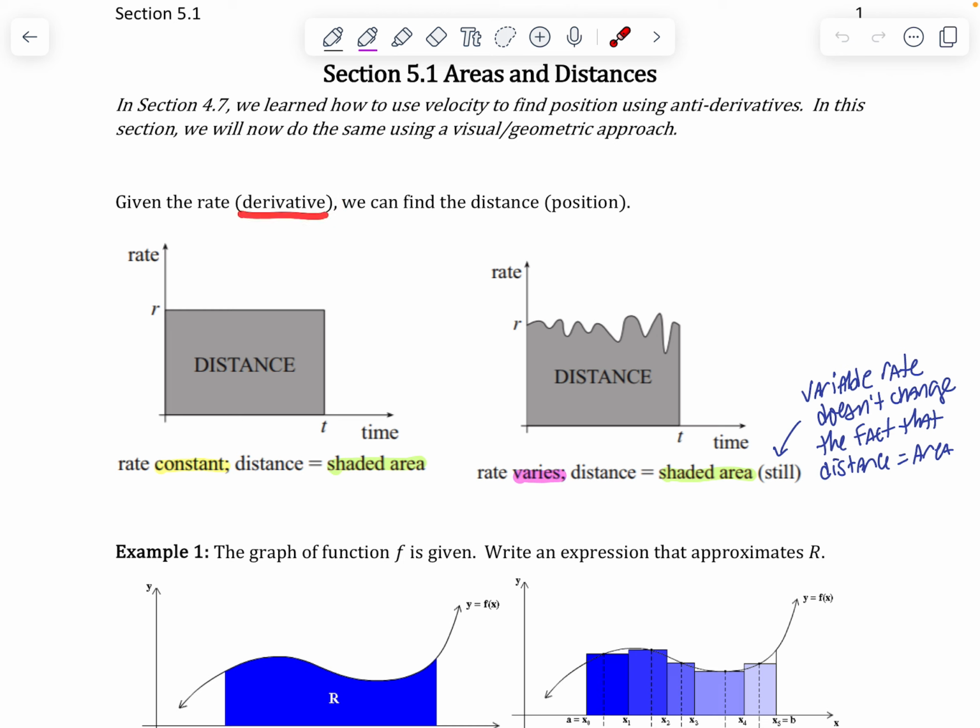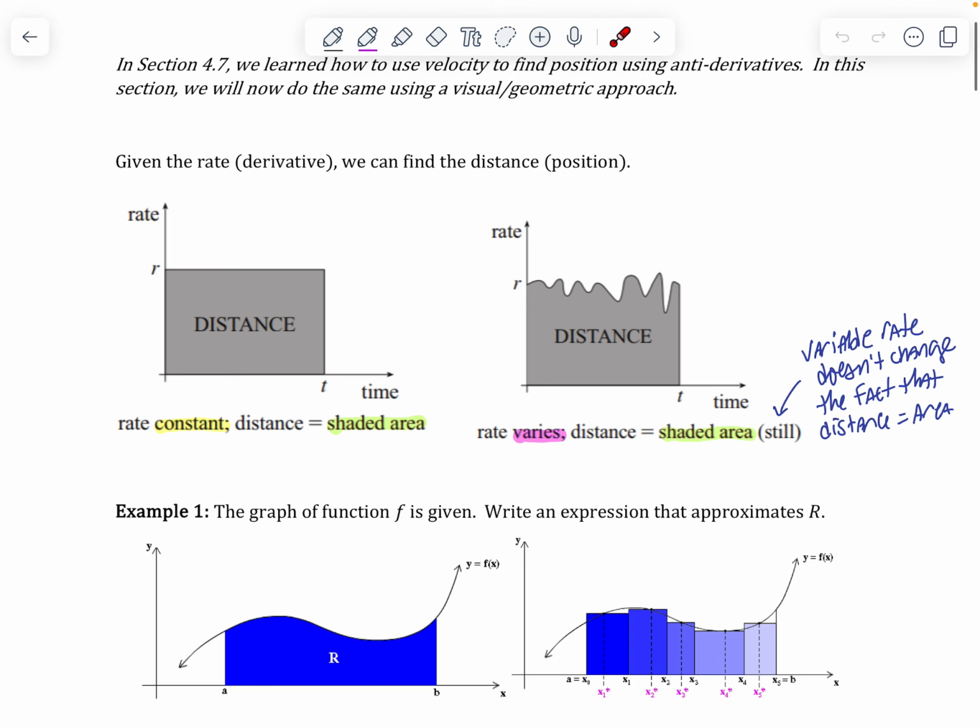So imagine that I'm given some sort of rate, and we know that a rate is a derivative. From there, we can find its original function, which is the distance or position function that it came from. Consider this first example over here. Imagine I have some constant rate.